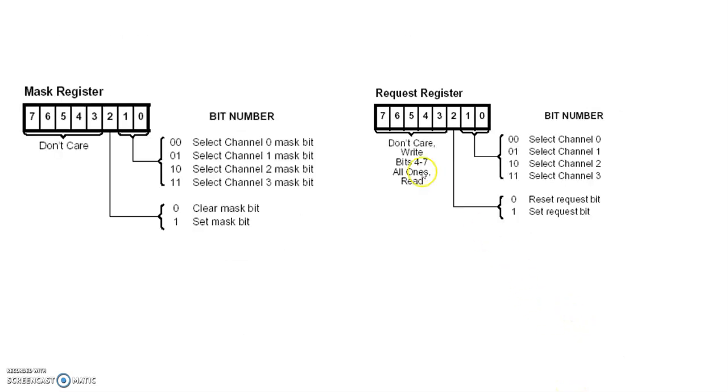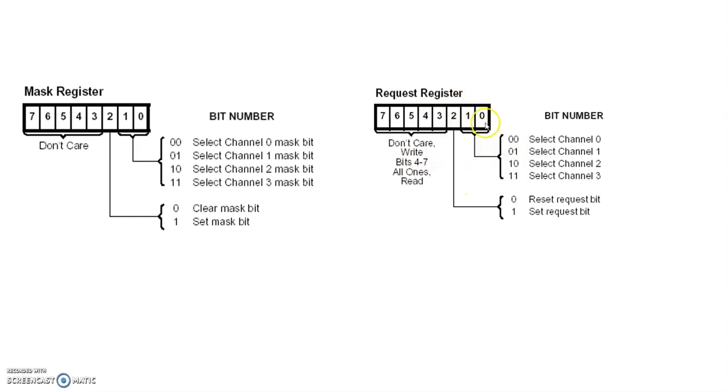Next one is the mask register. The mask register has the last 2 bits, the LSBs: 0 0 selects the channel 0 mask bit, 1 1 selects the channel 3 mask bit. The next bit is 0 for clear mask bit, 1 for set mask bit. Next one is the request register.